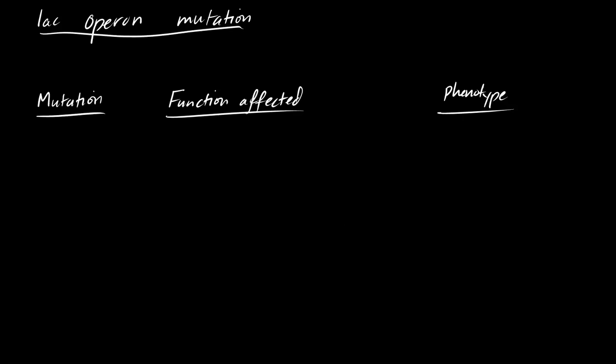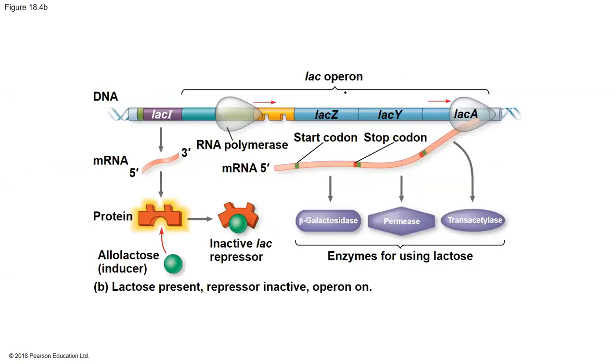Now, before we discuss these mutations, you have to understand that if you look at the lac operon, we have several genes. We have lacZ, lacY, lacA, and we have lacI.